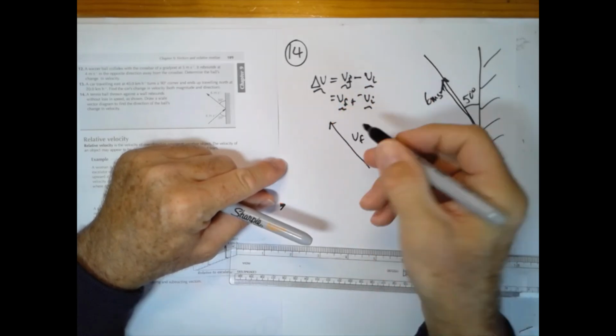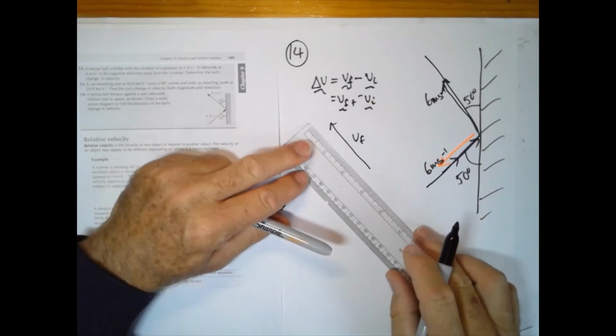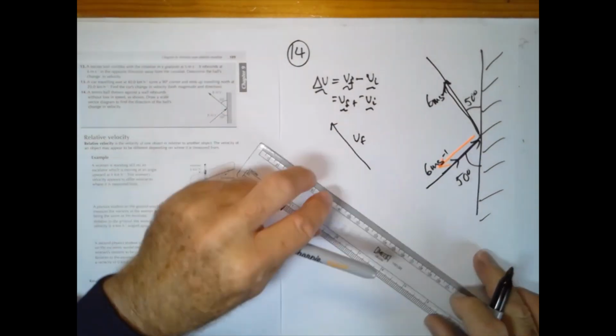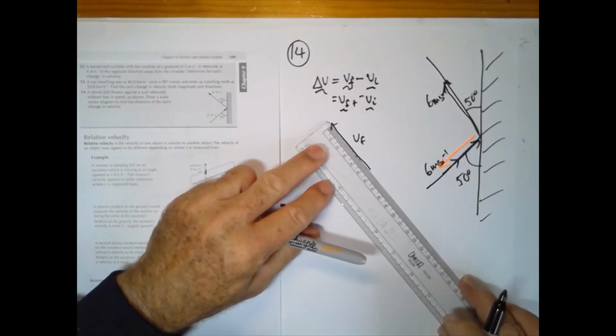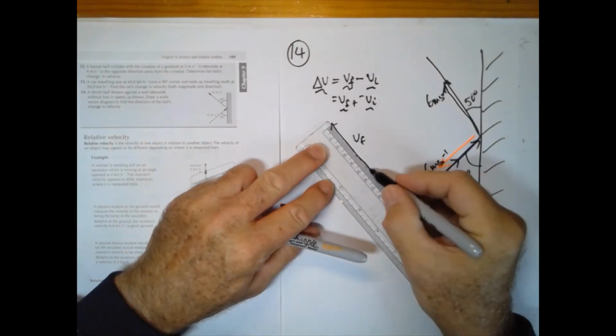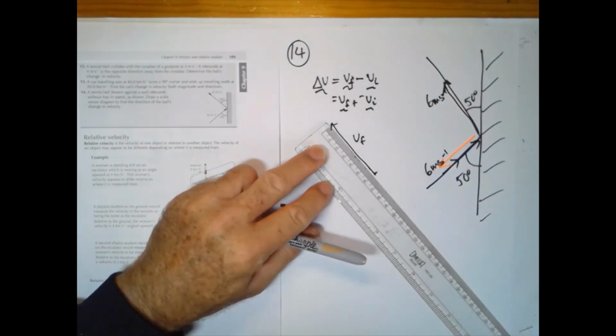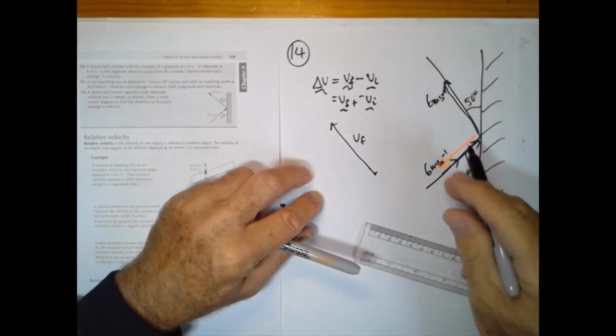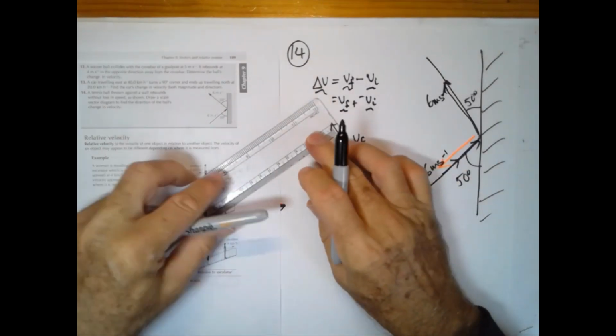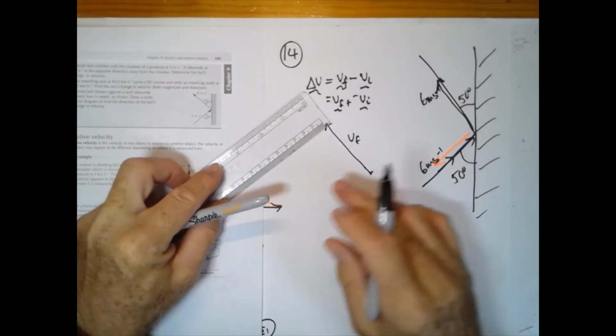which is 6 meters per second, and let's do it to scale. Final velocity, let's add the negative 6 in this direction, getting our angles right.